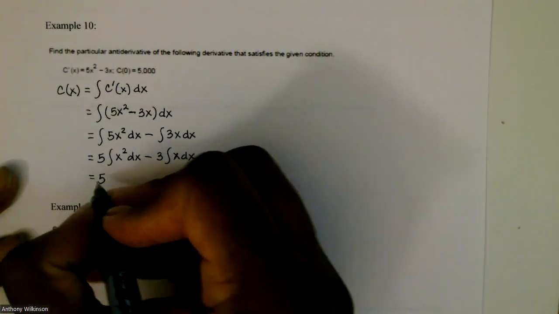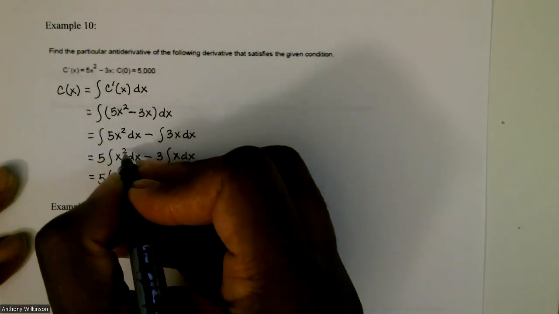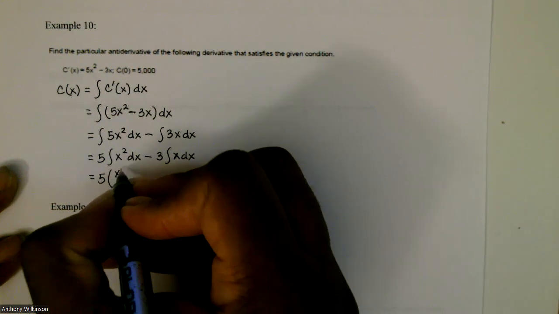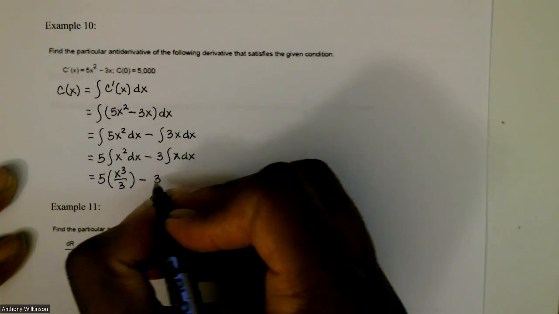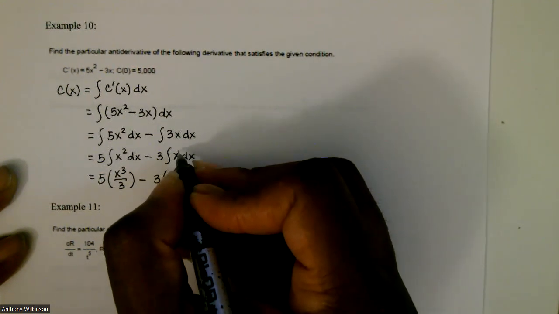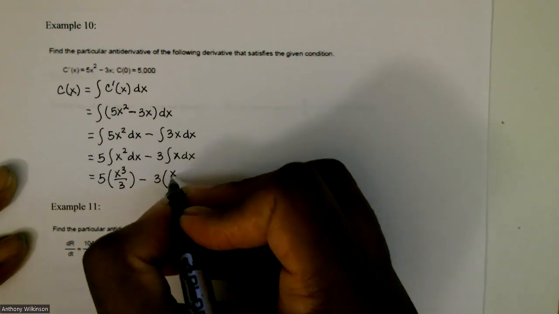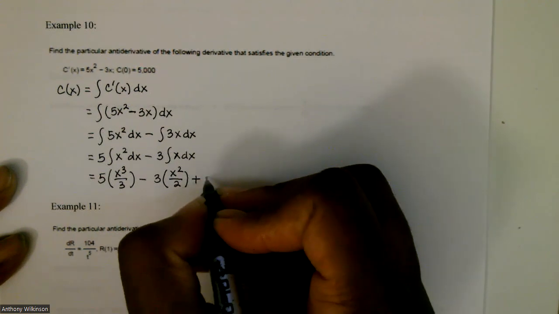So here, bring the 5 down. Increase the power by 1 in this x, so if I add 1 to the 2, I'll get a 3. So it'll be x cubed divided by 3. And then minus 3 times, that's like an x to the 1, so if I increase that by 1, it'll be 1 plus 1, which is 2. So it'll be x squared divided by 2, and then plus c.